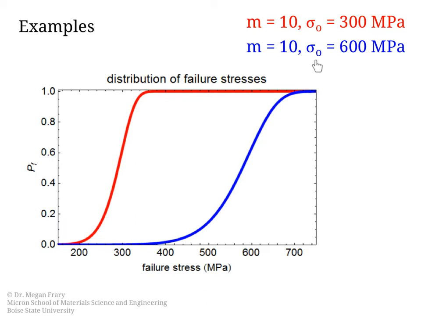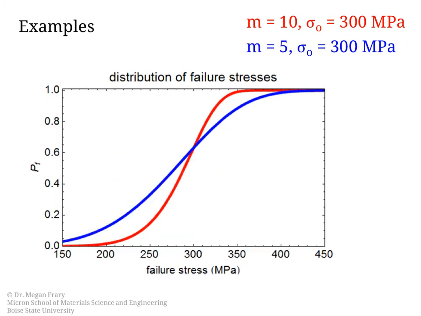So sigma naught is sort of telling us where our curve is centered, and as we'll see on the next slide, it's really the value of m that's telling us how steep, or how narrow rather, the distribution is. So here we're considering two cases again.